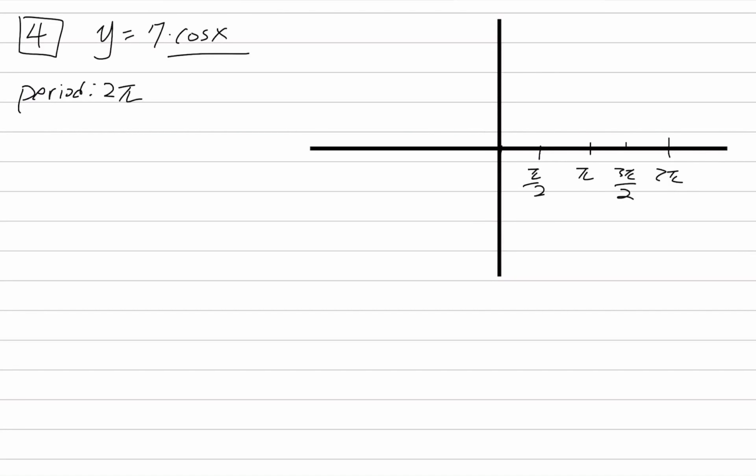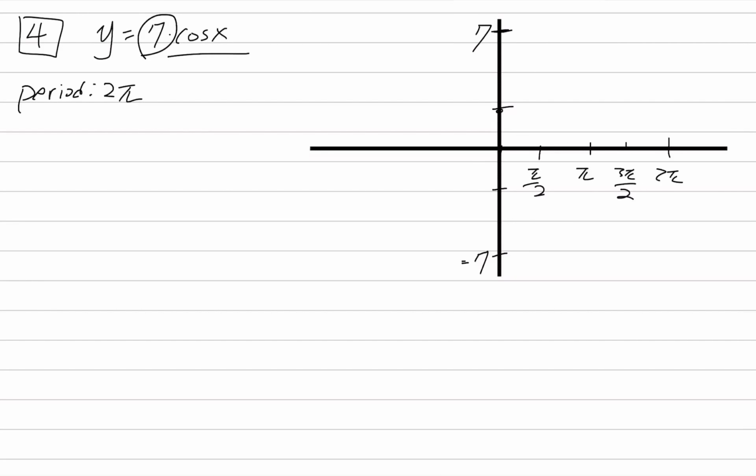Okay. And we know that before any transformation, cosine 0 is 1. But because we multiply by 7, 7 cosine 0 will be 7 in this case. So amplitude is 7, right? So we'll go as high as 7, and we'll go as low as negative 7.